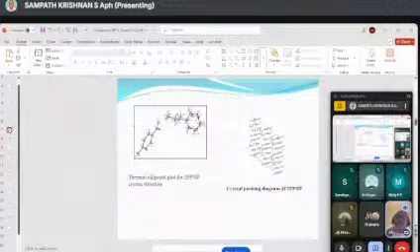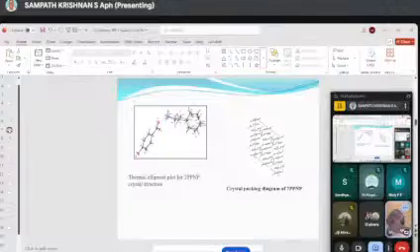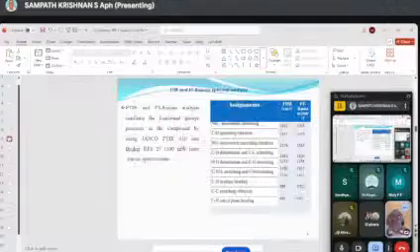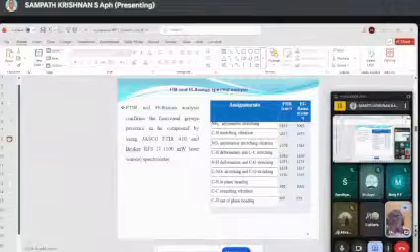Here, we plot the thermal ellipsoid plot and crystal packing diagram of 2ppNP crystals. We also carried out FTIR and FT-Raman analysis to confirm the functional groups present in the single crystals we formed.